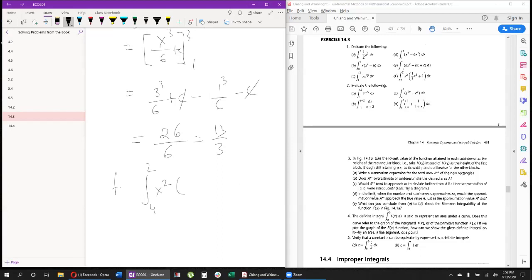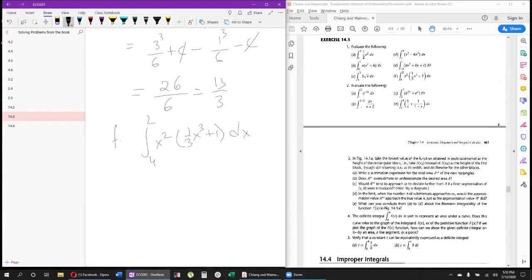So we have x squared times 1 by 3 x cubed. Now there are two ways of solving this. One would be to just simplify this. Since the printing in my book isn't very clear, I'm not sure what the powers are, so let me just ignore them for now and focus on the integration first.